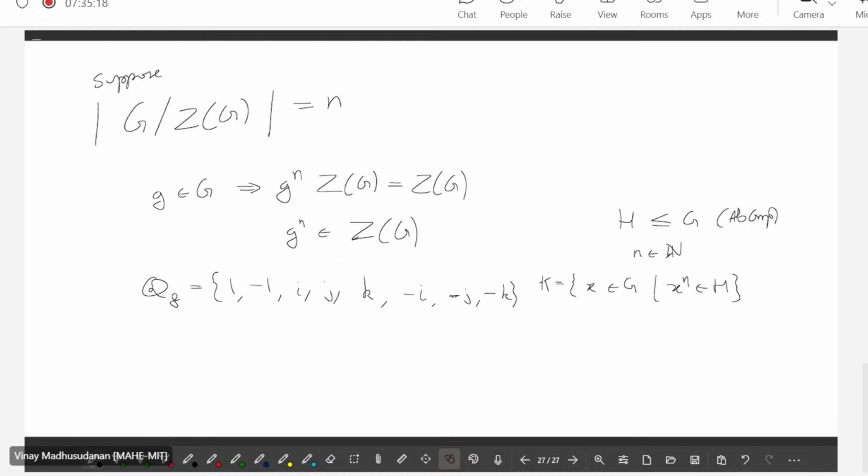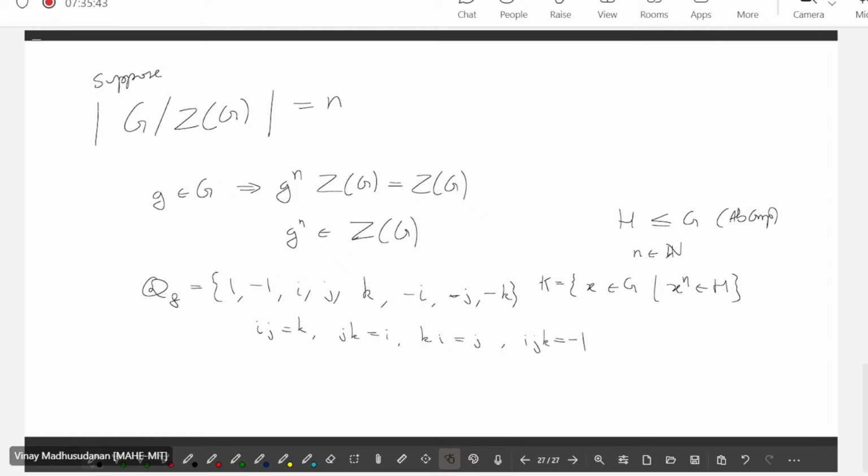Then you define ij is equal to k, jk is equal to i, ki is equal to j, and ijk equal to minus 1. That's a more concise way of writing it.